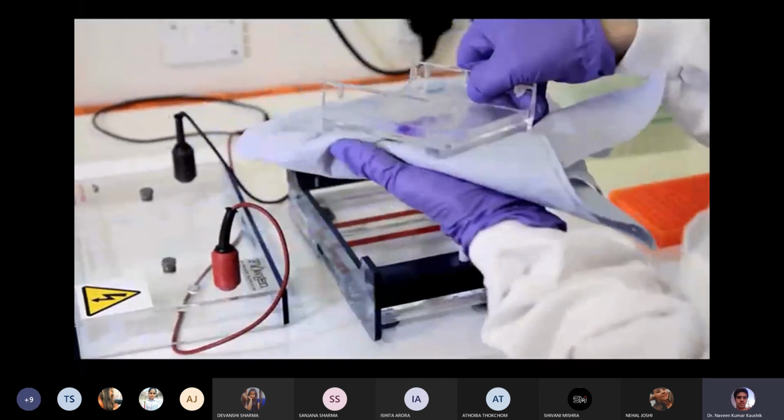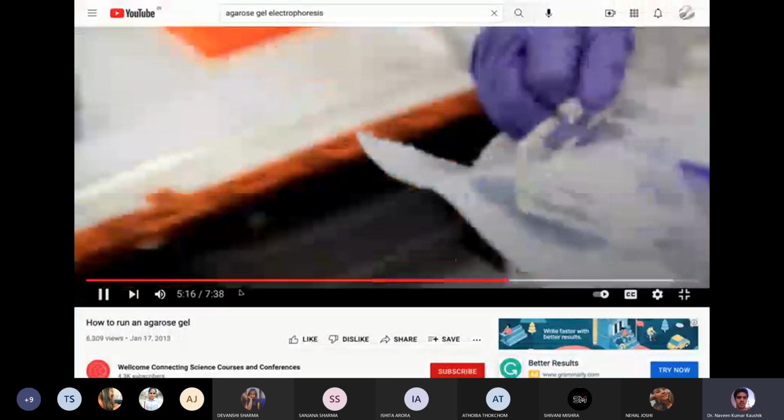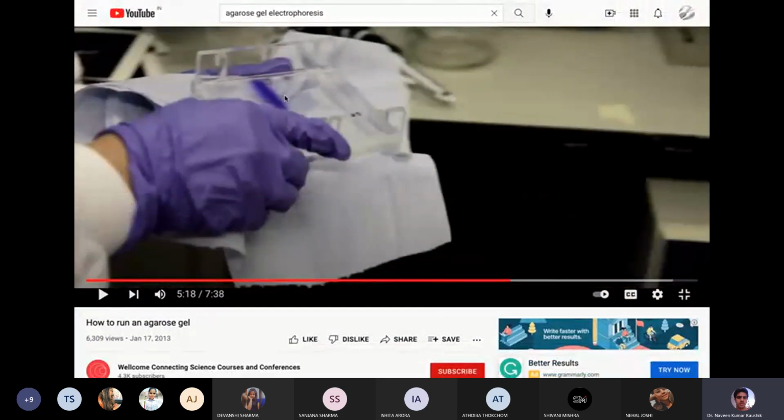As you can see here in this case, you just allow the gel to run. You can say this blue dye is just in between, the wells are at this position, and the total gel is of this much length, and around 60% you have run. If you need more, you further need to run it more.